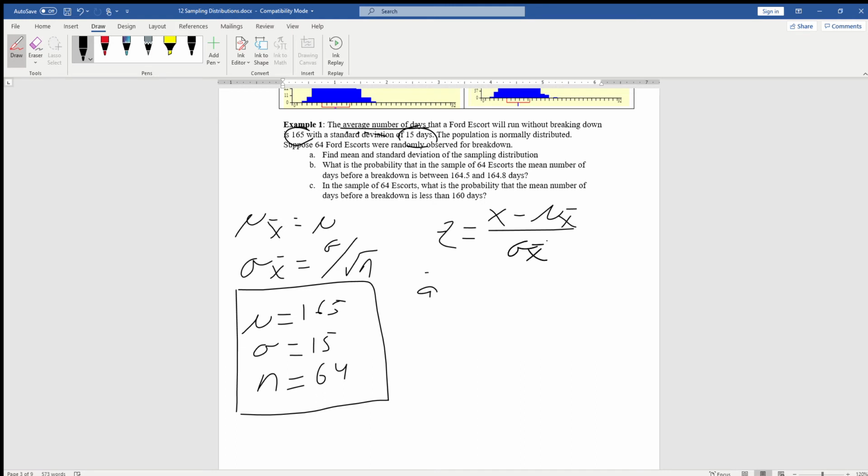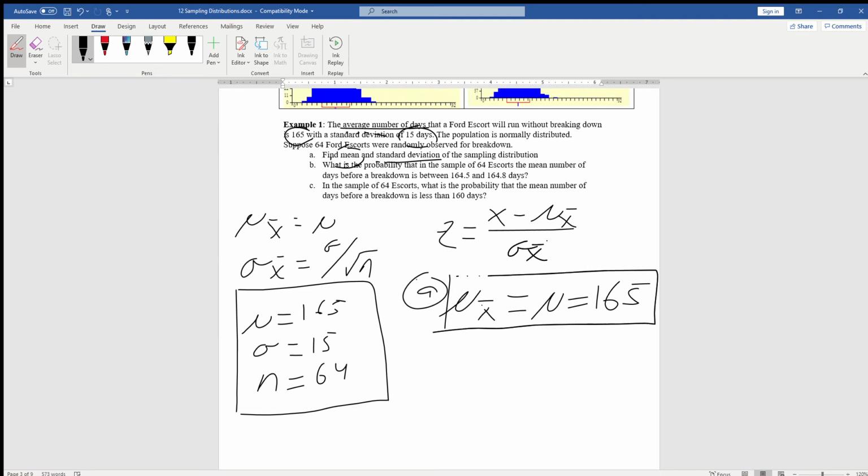Now for letter A, it asks us to find the mean and the standard deviation. Okay, so the mean, mu sub x bar, which is equal to mu, is 165. All right, so it's just that easy. All you have to do is identify the mean. It's the same thing as the mean of the sampling distribution.